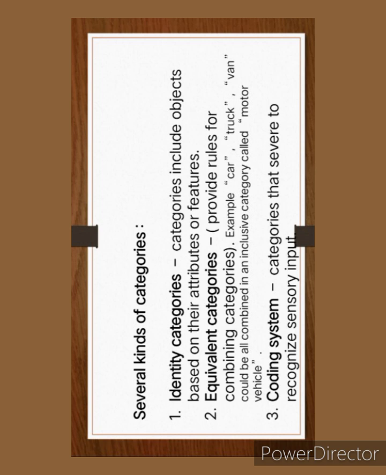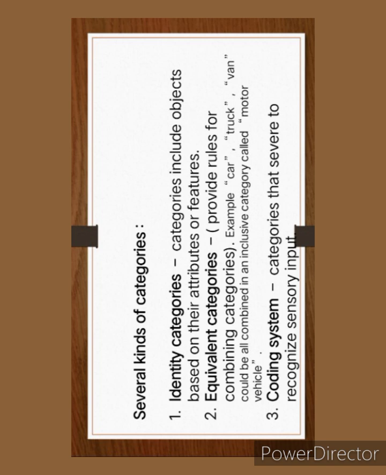Equivalent categories in Bruner's theory refer to the different ways of representing the same concepts or ideas. For example, in mathematics, fractions and decimals are equivalent categories that represent parts of a whole. Then, the third one is categories that are a coding system, categories that serve to recognize sensory input.